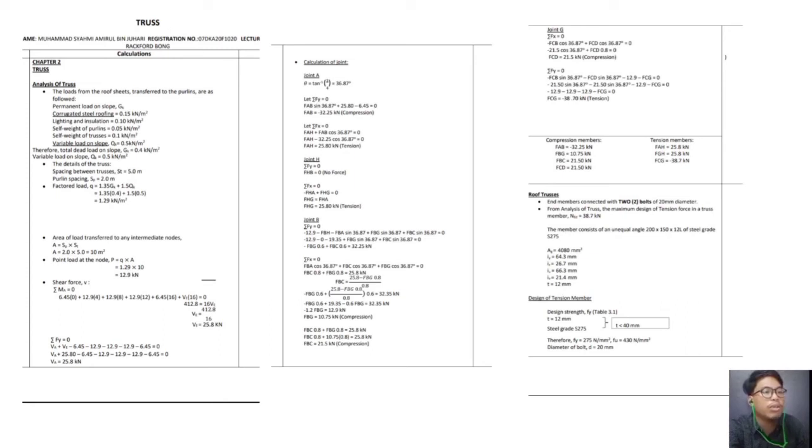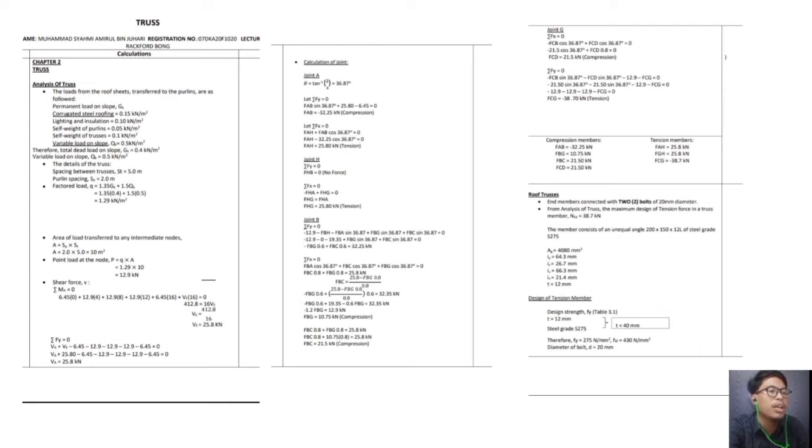For design of the tension member, design strength fy: t is 12 mm, steel grade is 275, so we get 40 mm is bigger than t. Therefore, fy equals 275 N per square millimeter. fu is 430 N per square millimeter.